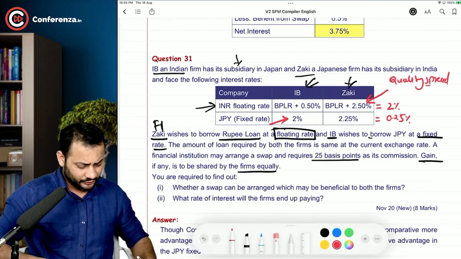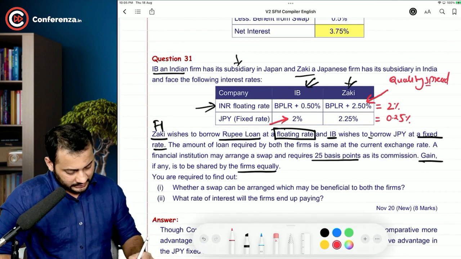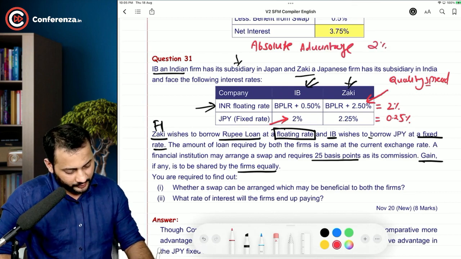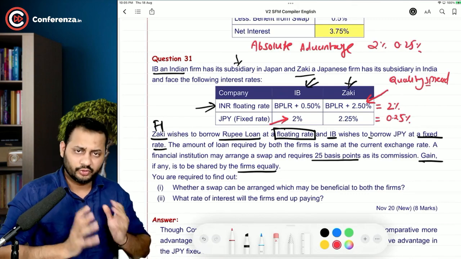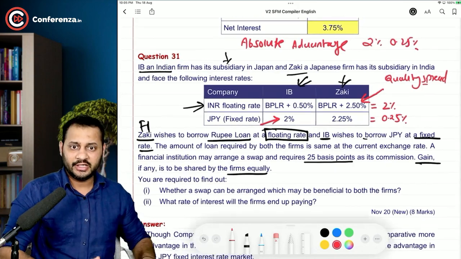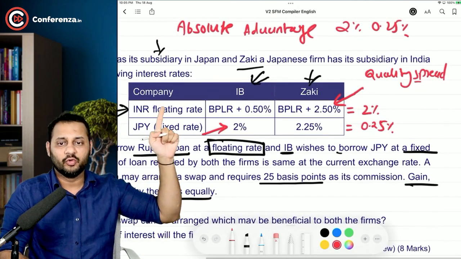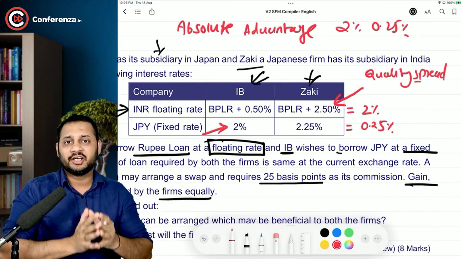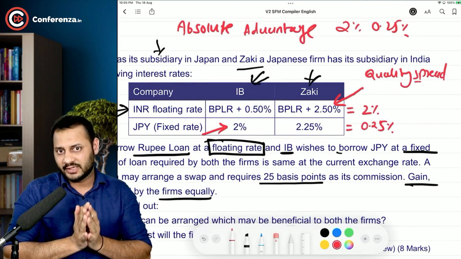Now the two things that you need to understand are, first of all, absolute advantage, that is 2% and 0.25%. IB is enjoying absolute advantage in floating rate and fixed rate, because in both the rates IB is being charged at a lower interest rate by the banks.